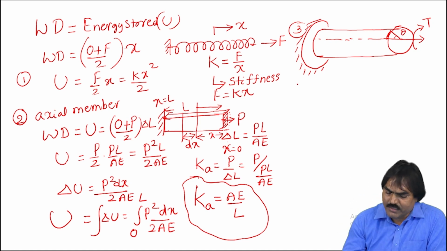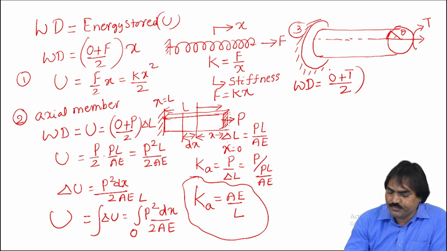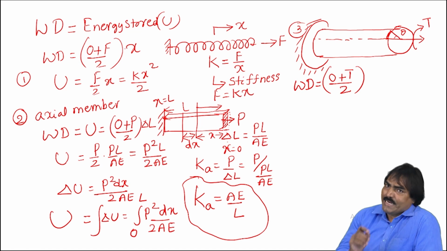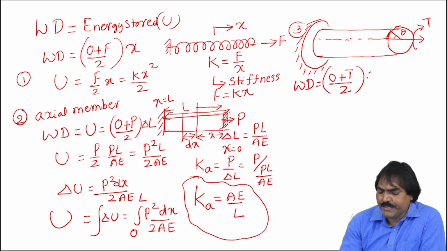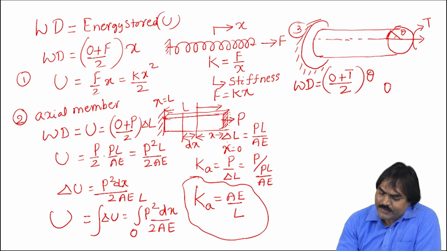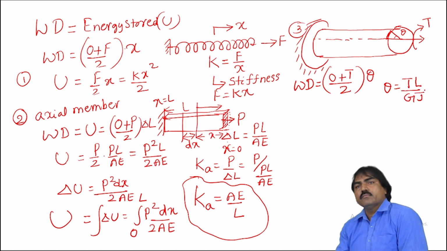Okay, so here the work done is defined as the average torque. What is the average torque? 0 plus T by 2. Because suddenly we will not apply the torque. That's why in the energy conditions, always take the average load. Average torque into angle of twist, where theta is the angle of twist, which is given by TL by GJ.